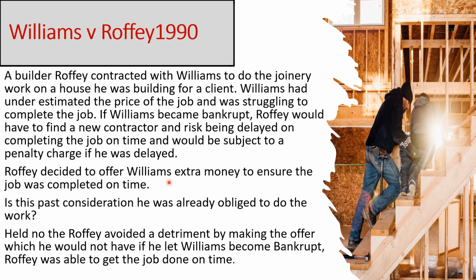So on the theory in Stilk and Merrick, Roffey shouldn't have to pay Williams the money that he promised, because past consideration is no consideration. But the court held no. Roffey avoided a detriment, so there was something new, more than the previous consideration.